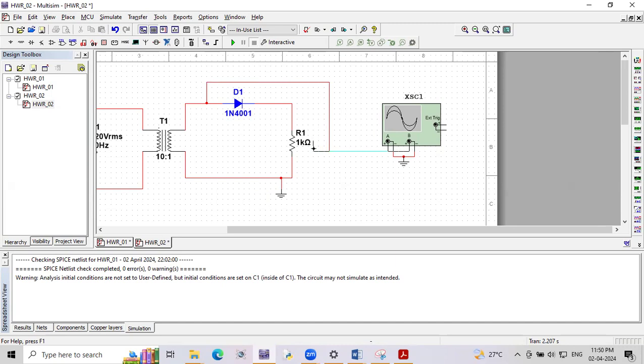Output, we need to connect across the resistor, and I will try to connect immediately.